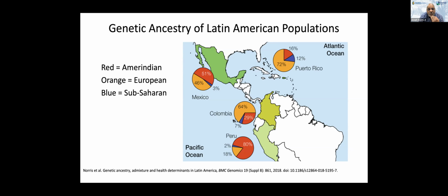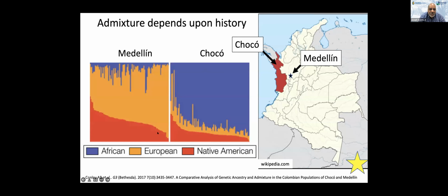And in Colombia, we're closer to the Puerto Rican values, but that can differ dramatically depending upon which state or region of Colombia, as the next slide shows. So, for example, in the city of Medellin, the African ancestry is closer to what we see in the general Latino characteristic, with most of their ancestry being European and about a third of it being Amerindian.